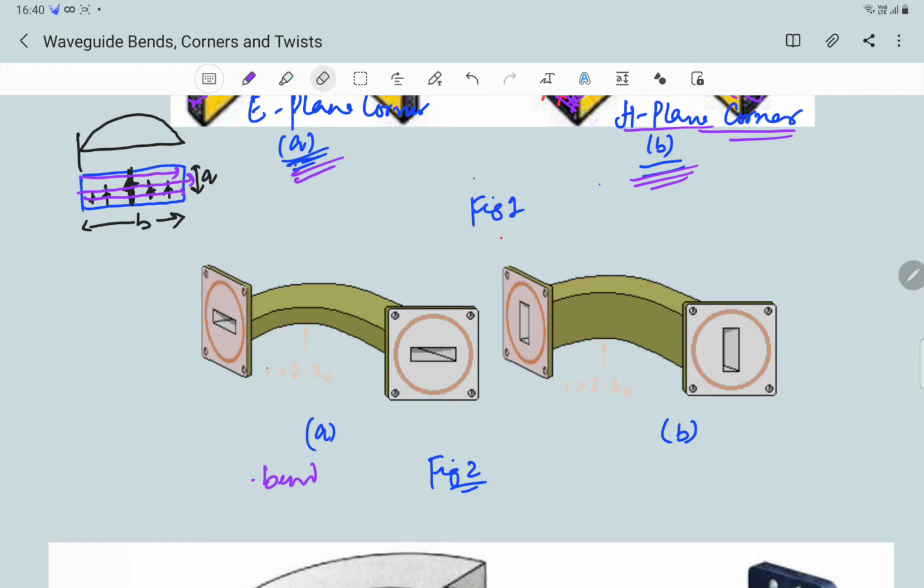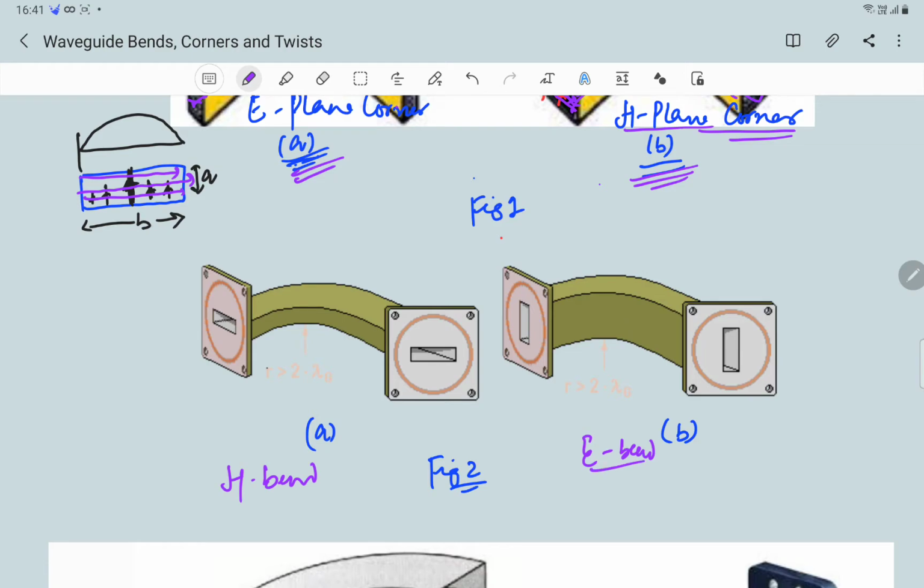This is our H bend, and this is our E bend. As already said, these are also used to change the direction of a signal within the waveguide with minimal losses like reflection and distortion of fields.